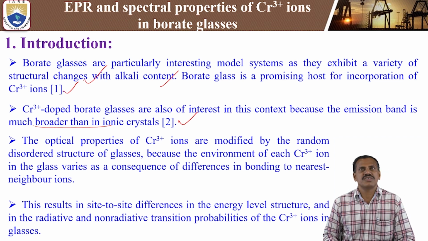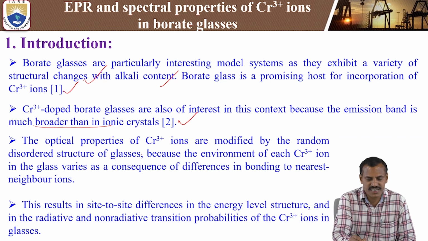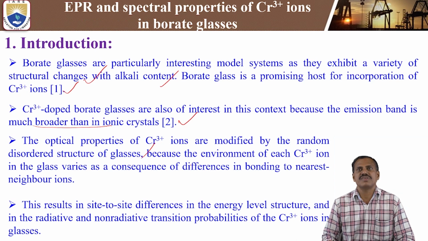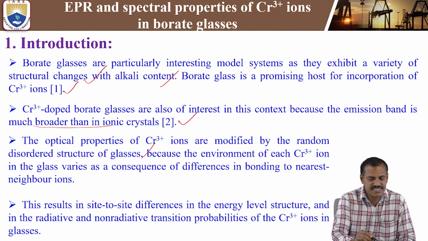The optical properties of chromium 3+ ions are modified by the random disordered structure of glasses, because the environment of each chromium 3+ ion in the glass varies as a consequence of differences in bonding to nearest neighboring ions.